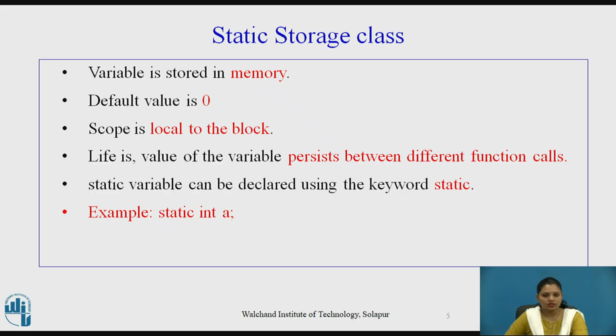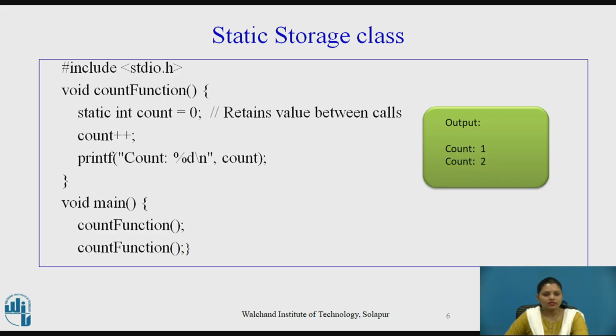The static storage class can be explained with an example. In this example, the count function has a variable called count, initially set to 0. The static keyword is used to create a static variable, meaning that the variable value will be preserved between function calls.